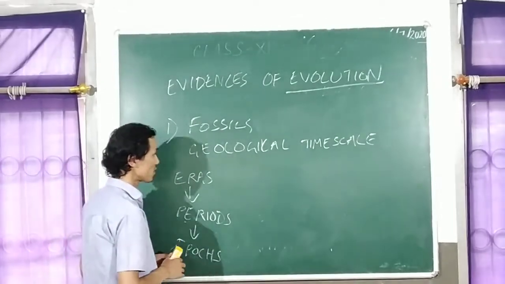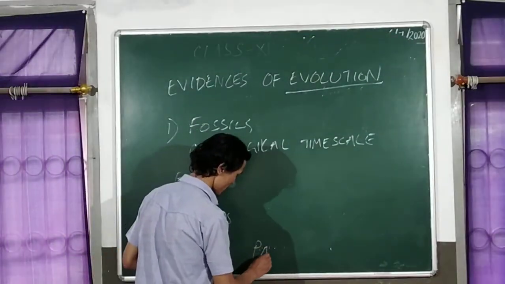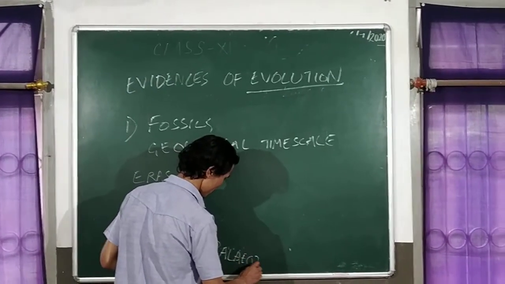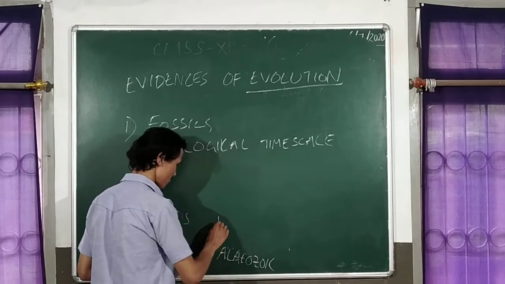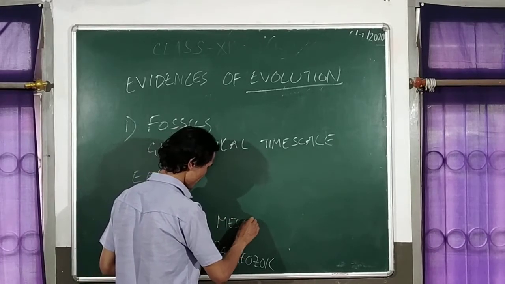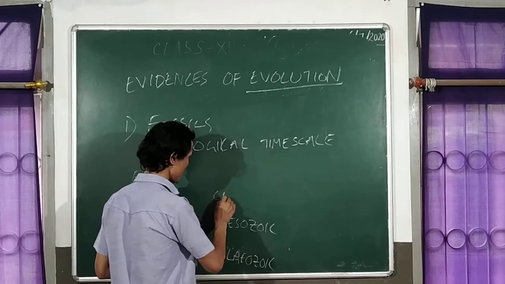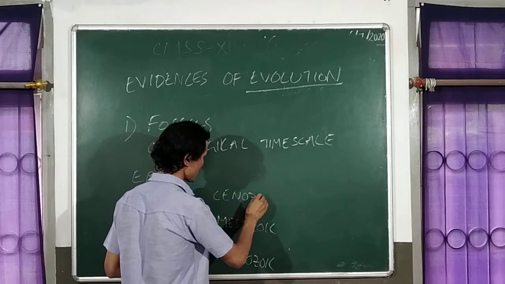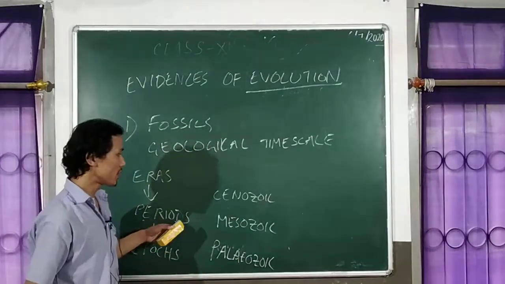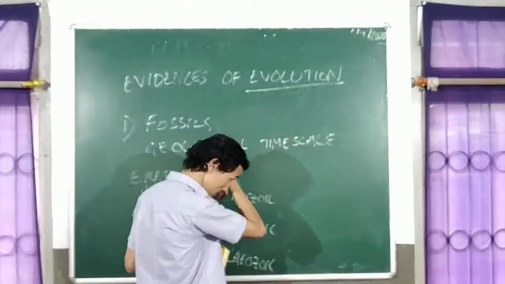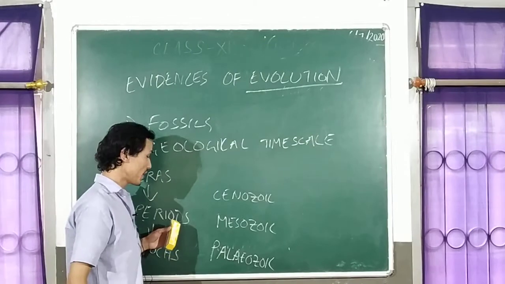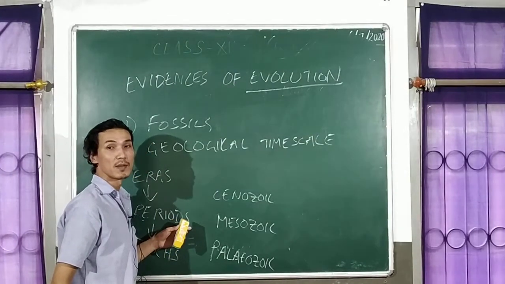There are various types of eras: Paleozoic, Mesozoic and Cenozoic. Again, your eras can be further divided into periods like the Triassic or Jurassic periods.